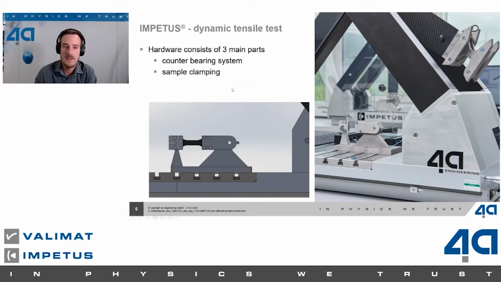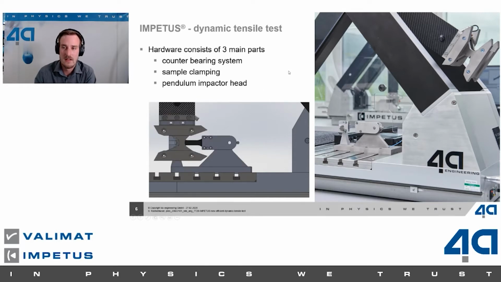So we fix the test piece in a clamping system, in some jigs that we can easily hang in the counter-bearing system. And of course, on our pendulum, we have to use a third part.